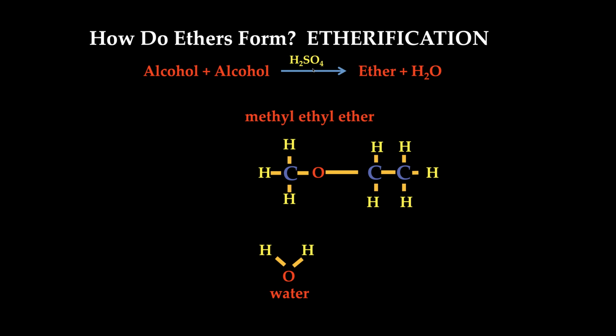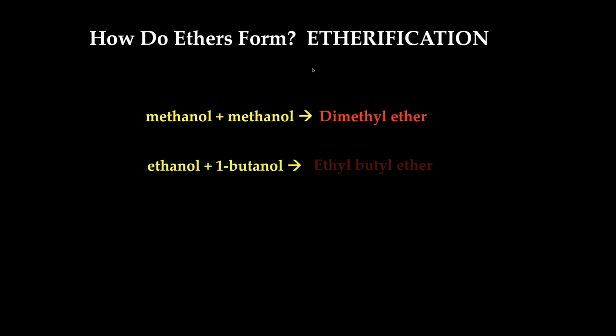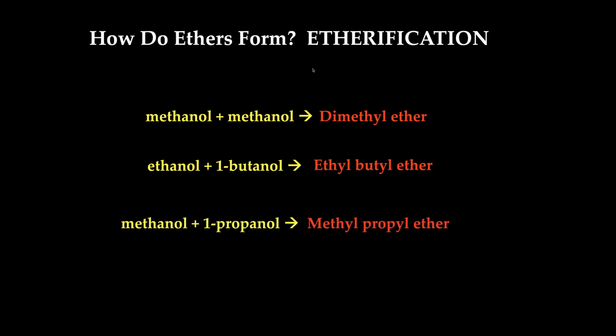Isn't that clever? Methanol and methanol will make dimethyl ether. Ethanol and butanol will make ethyl butyl ether. And to make methyl propyl ether, we need methanol and propanol. So the name of the ether acts as a recipe to tell us how to make that ether.